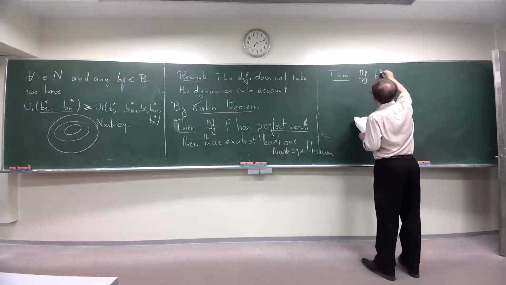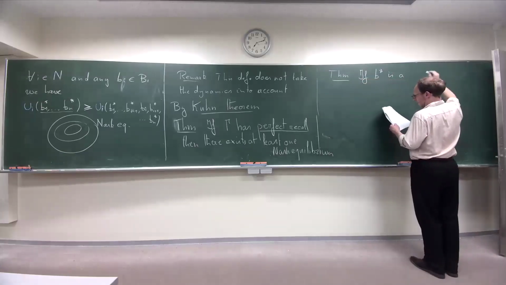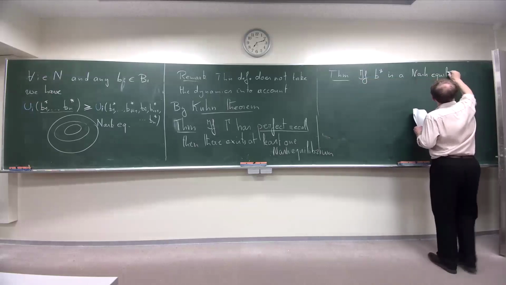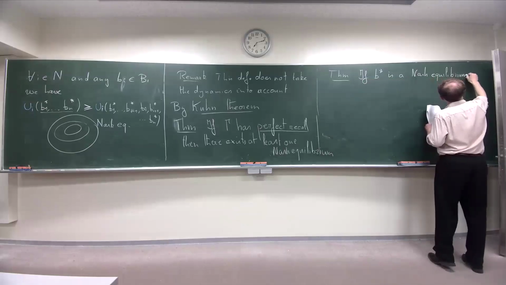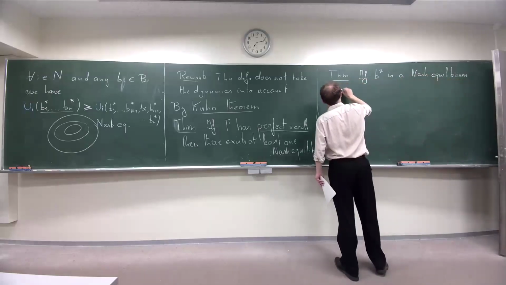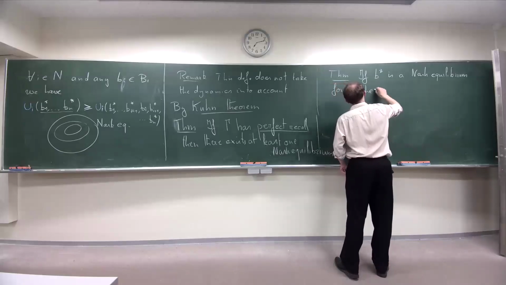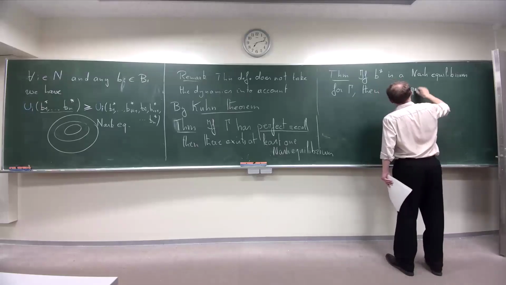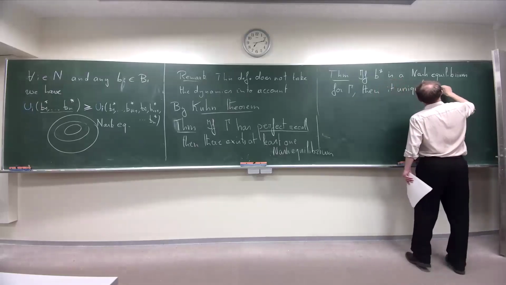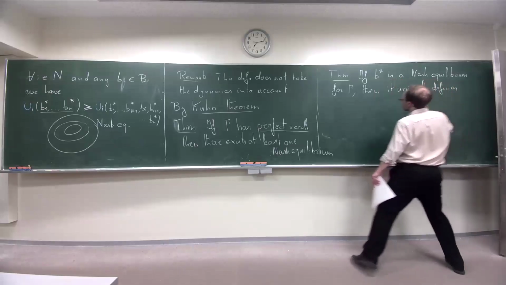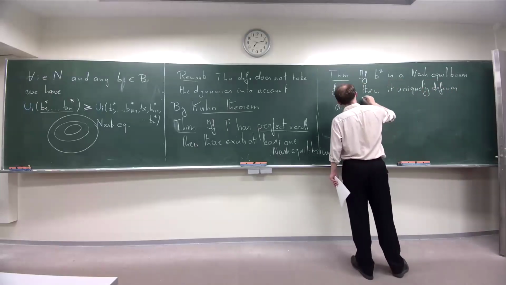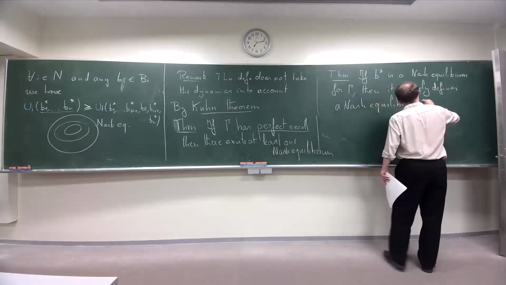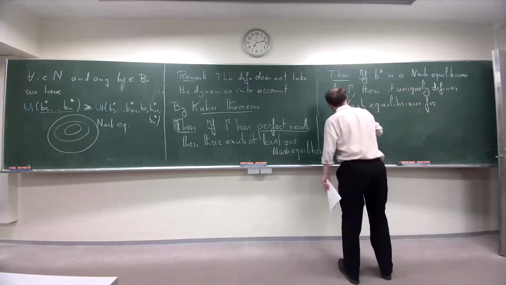If b star is a Nash equilibrium for gamma, then it uniquely defines a Nash equilibrium for the mixed extension.